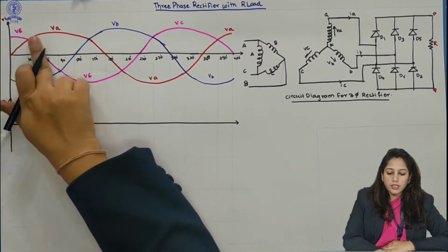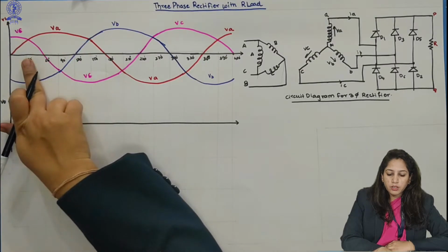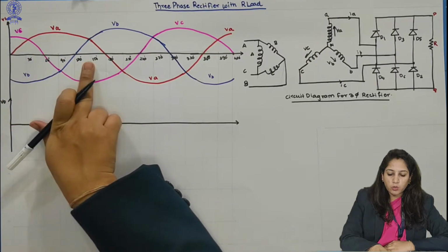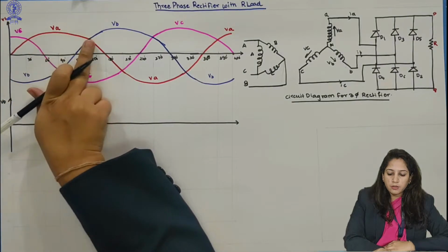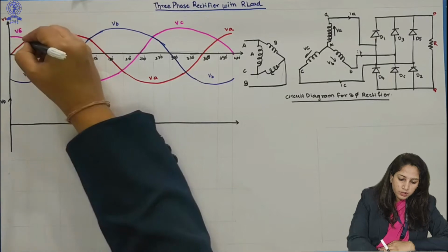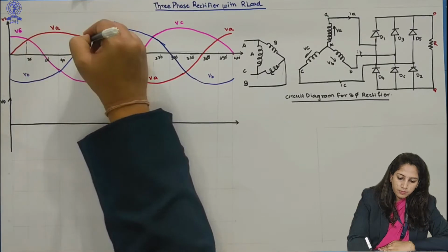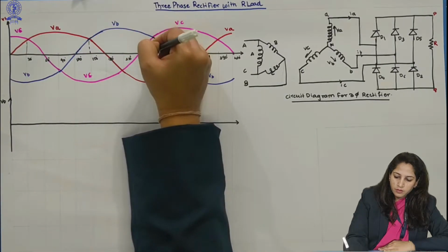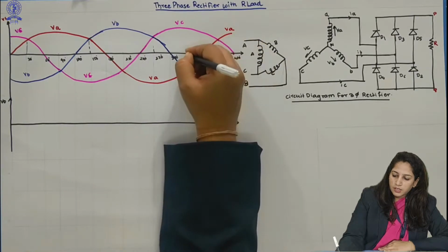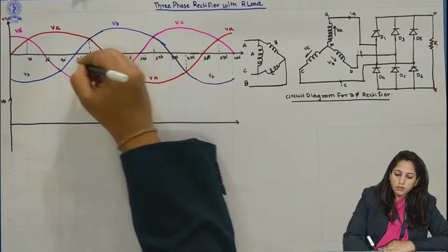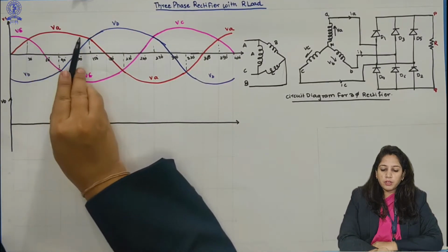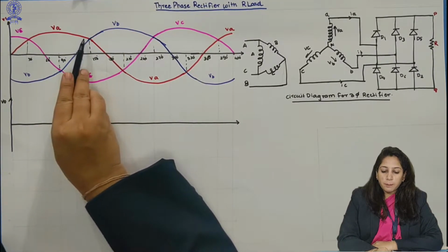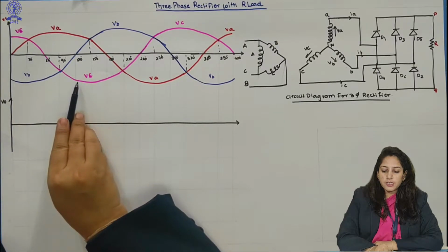Observe that VA is very high between 30 degrees and 150 degrees compared to VB and VC. I will make these projections this way so it will be very easy to note.